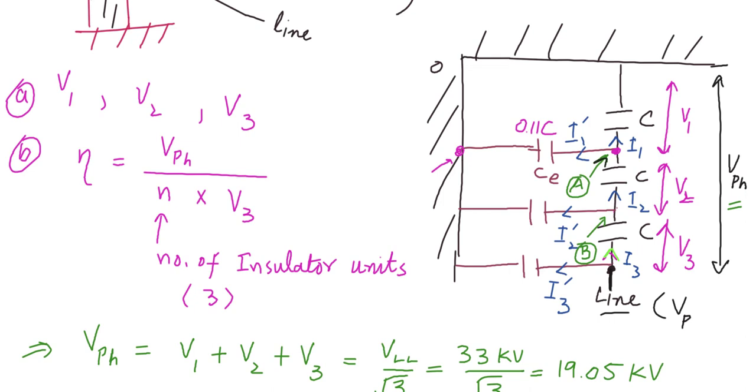As you can see here, I1 is the current which flows through this unit. Okay, and capacitance of this unit is C, and the voltage across this is V1. Therefore, what will be current I1?